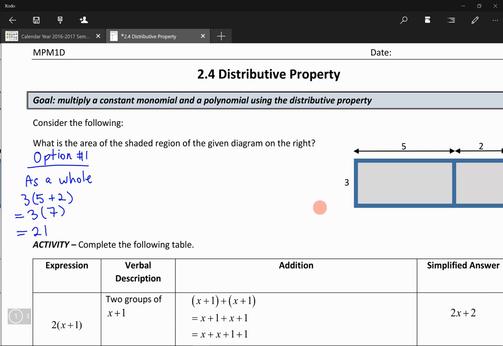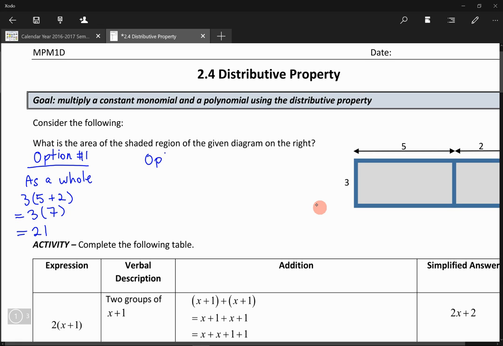Okay? But let's look at it a different way. Let's call the different way option number 2. We'll look at this shape as separate rectangles. The first rectangle on the left has a length of 5 and a width of 3, so that's 3 times 5.